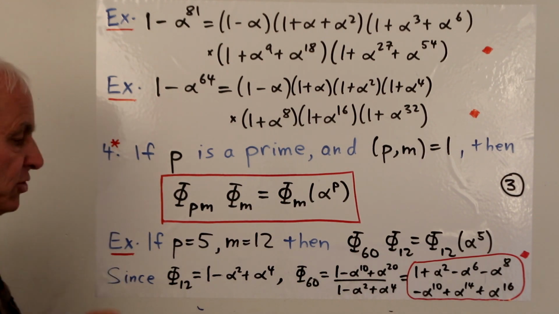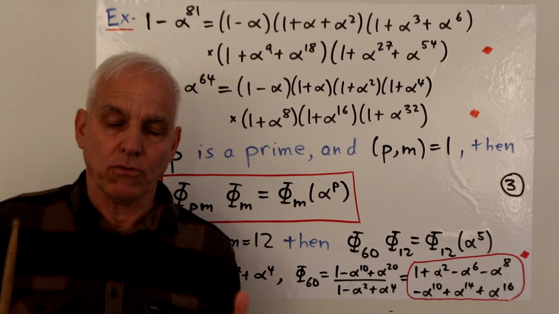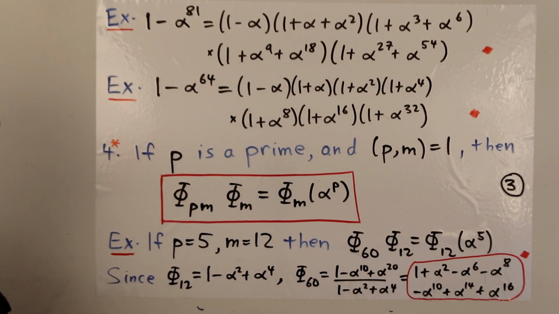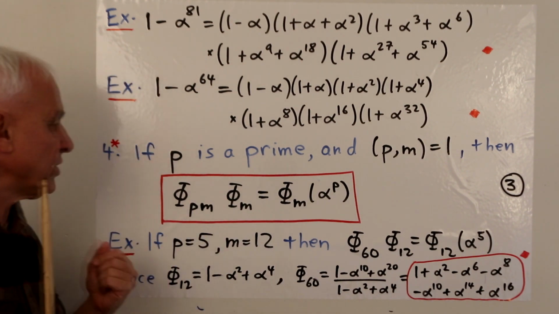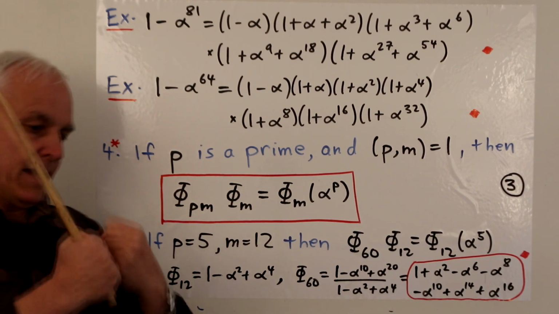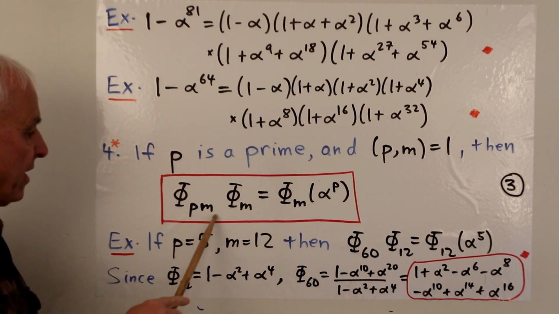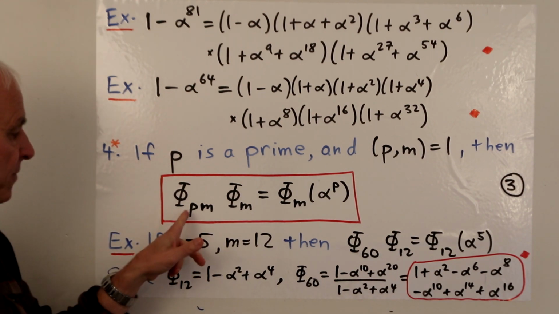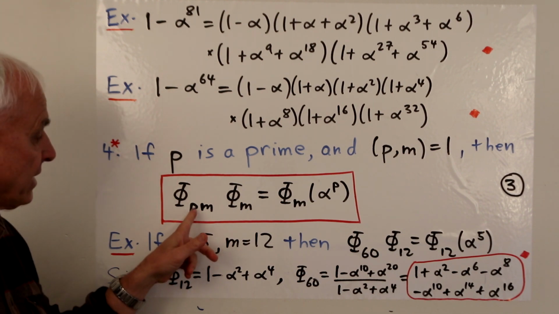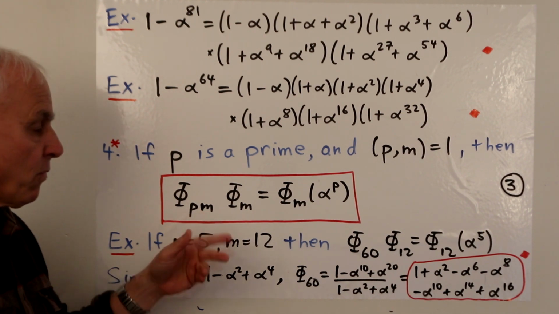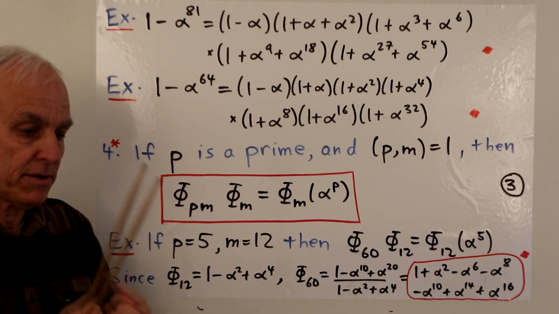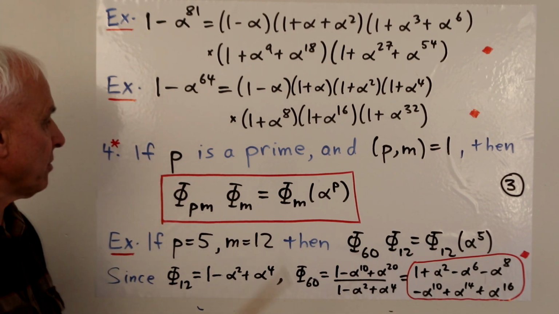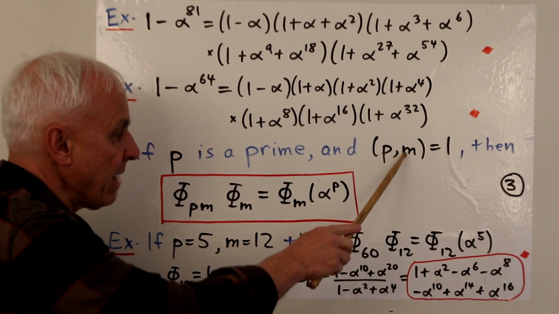Okay, now we come to a really important rule, perhaps the most important rule, which tells us how to get phi of a value like this, where you have a prime, p, and another factor, m, which is relatively prime to p. So p is a prime, and we're assuming that p and m are relatively prime.